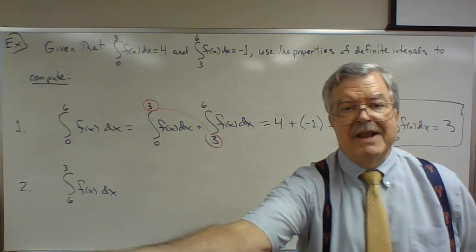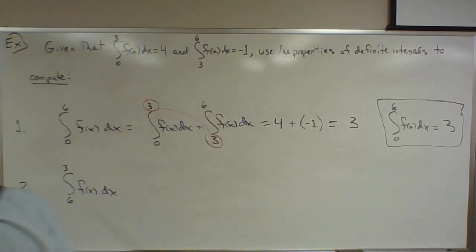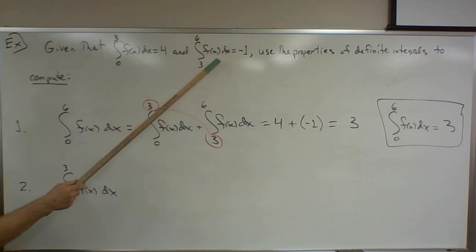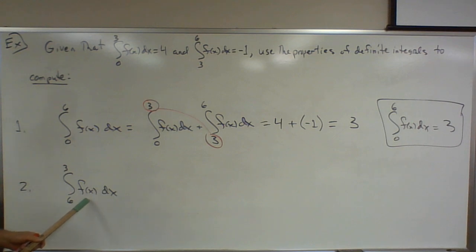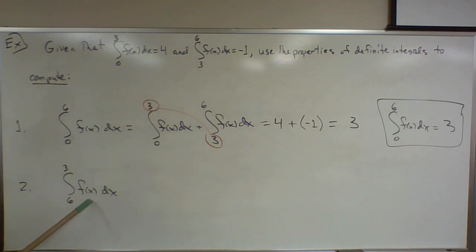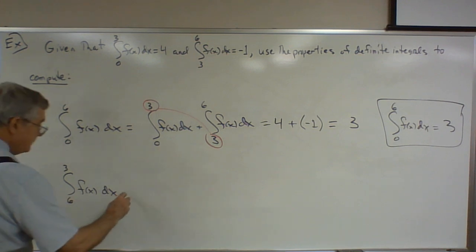Okay, what about the next one? The integral from 6 to 3 of f of x. We have the integral from 3 to 6. The only difference between what we're given up here and what they're asking us to get down here is that they've taken this integral and they've switched the limits down here. So you remember what our property says?